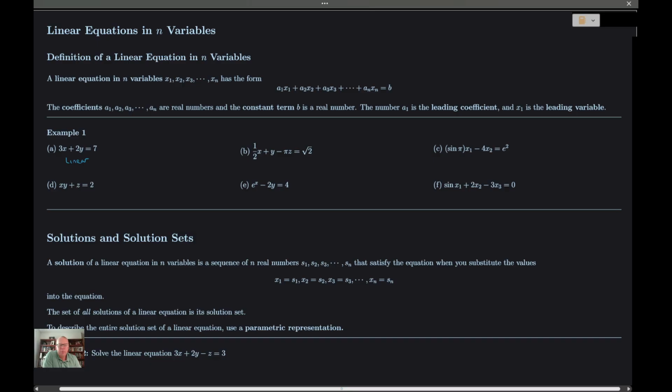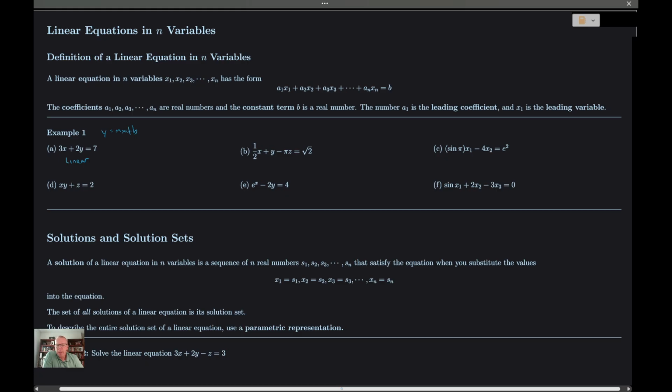The more important thing to look for is that we don't have any x squareds, x cubes, square roots, anything like that. No variables in the exponent, that kind of thing. So this one is linear, and we could solve this and put it in y equals mx plus b, and then it's very clearly a linear equation.